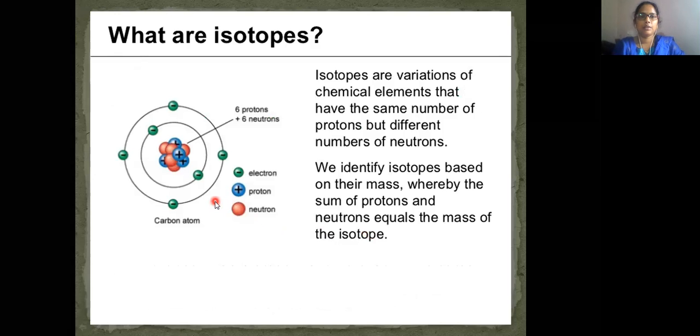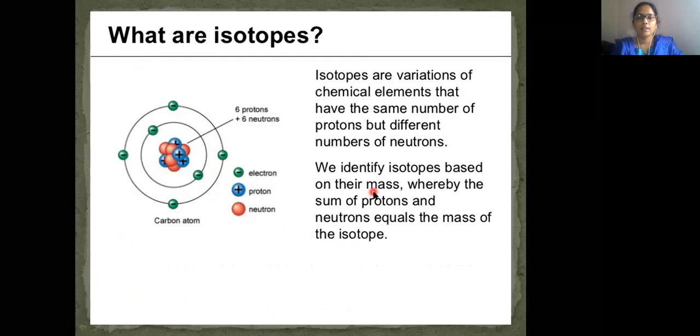So here you can see this is an isotope. Isotopes are variations of chemical elements that have the same number of protons and differ in the number of neutrons. Here you can see electrons, protons and neutrons of a carbon atom.